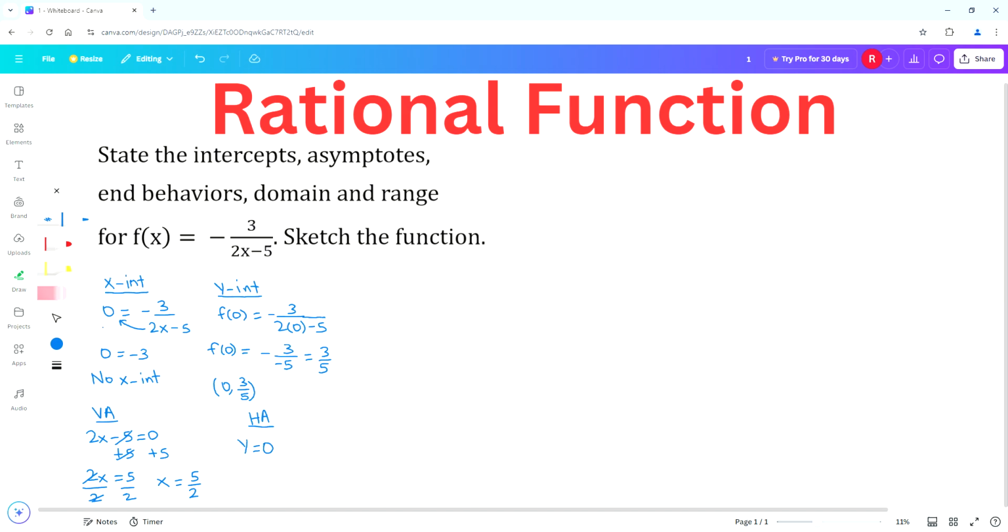Next, we can find the end behaviors. Let's start with the end behavior around the horizontal asymptote. We check the end behavior around the horizontal asymptote at the extreme left and extreme right. On the extreme left, we check for x approaches negative infinity.